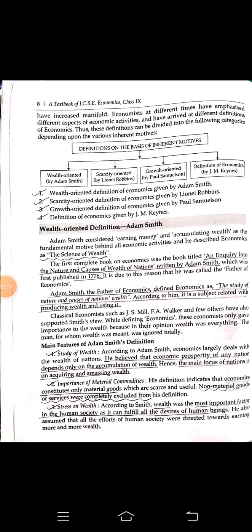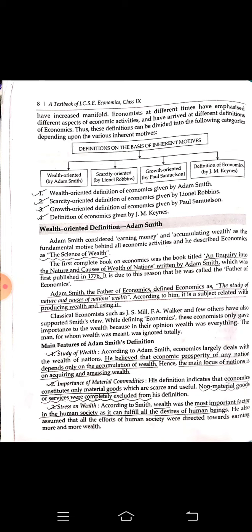Adam Smith is known as the father of economics. In his book, An Inquiry into the Nature and Causes of the Wealth of Nations, published around 1776, he described that economics is nothing but a science of wealth.